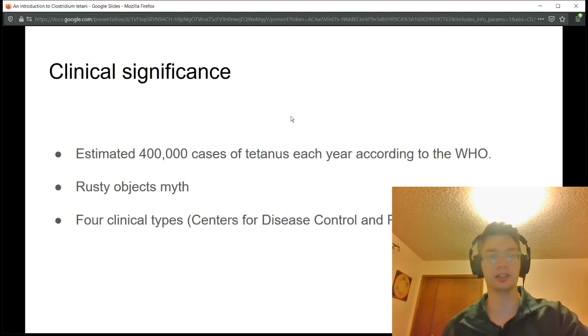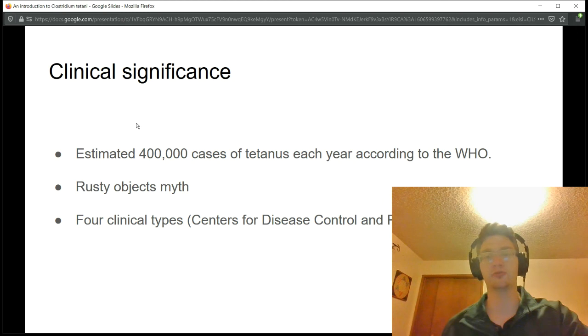As far as the clinical significance, it's estimated that about 400,000 cases of tetanus occur each year, according to the World Health Organization. There are 4 clinical types, and we'll cover those later. And there's also a myth about rusty objects, that tetanus is caused by wounds from rusty objects.